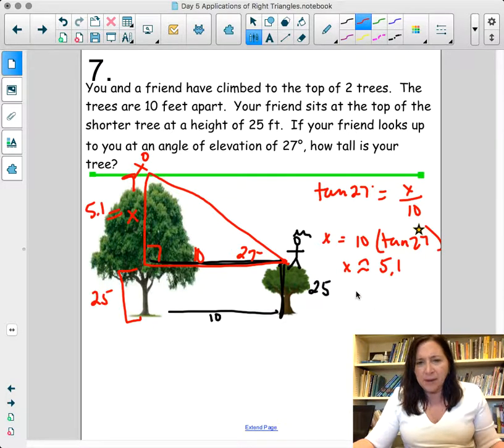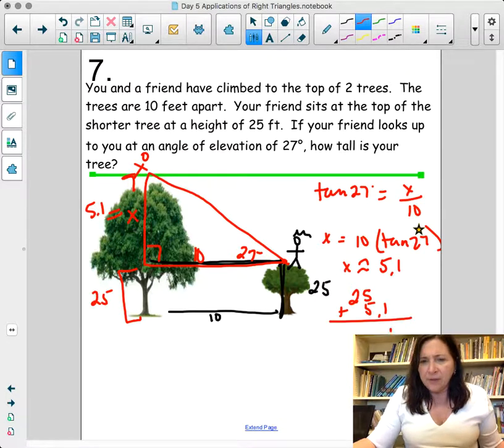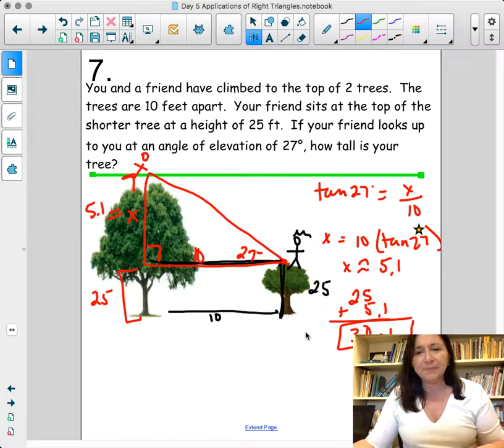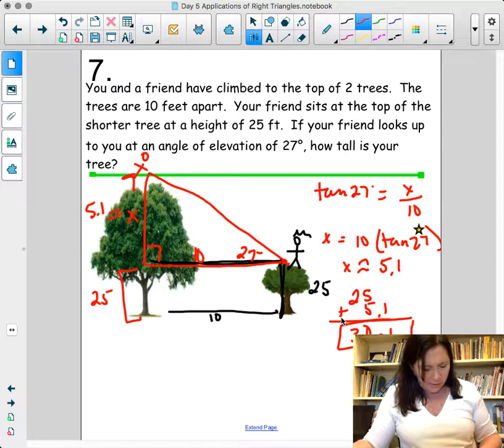So keep in mind that I need to take my 25 foot tree, and then I'm going to add another 5.1 feet to that. And so now I'm at 30.1. So that's about how tall it is. How tall is your tree? The tree is about 30 feet tall.